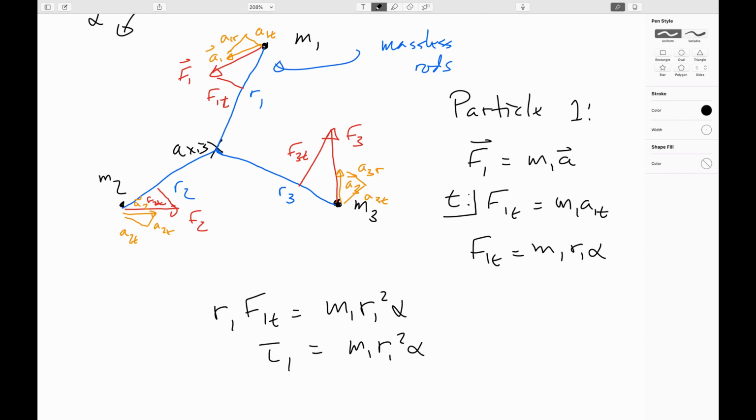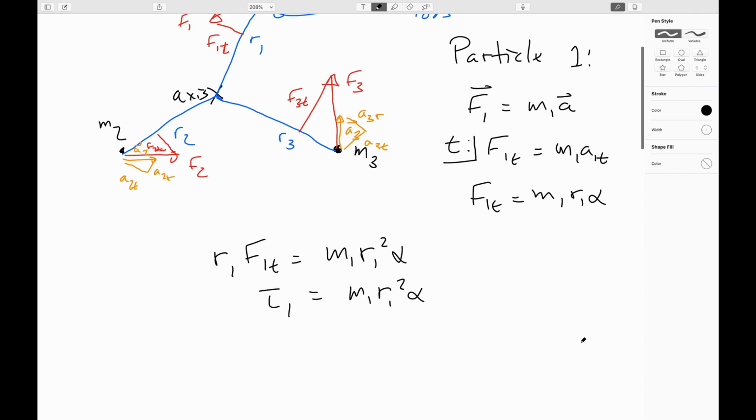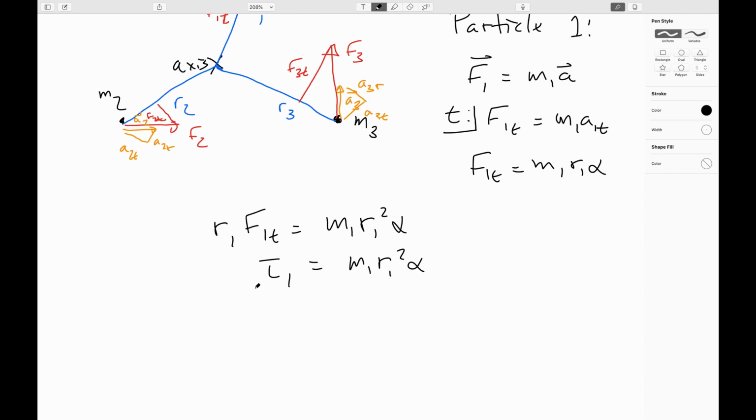For our object, I had more than one force attempting to twist it. So the net torque being applied to the object will be equal to tau 1 plus tau 2 plus tau 3.